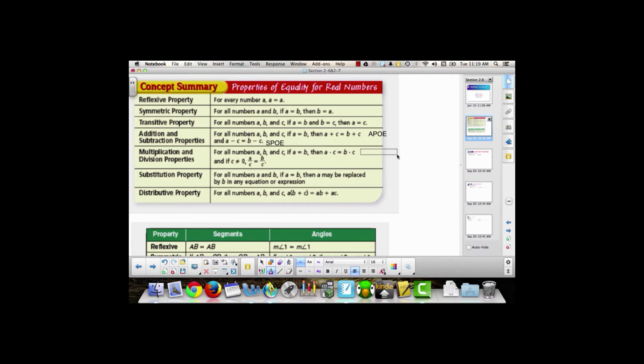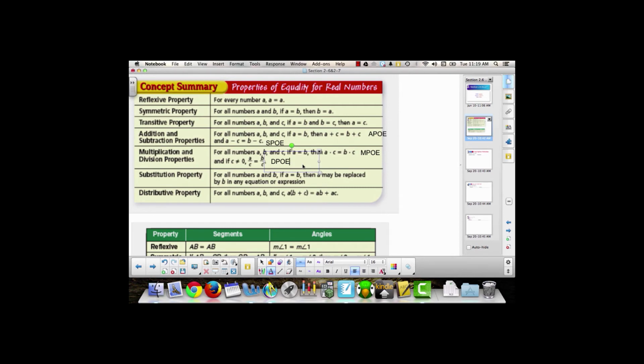We can call multiplication property of equality MPOE and division property of equality DPOE. Again, division is really multiplying the reciprocal to both sides. So if you always want to use MPOE, that's fine. But if you feel that you're dividing a number from both sides of the equation and want to use DPOE, that is fine also.